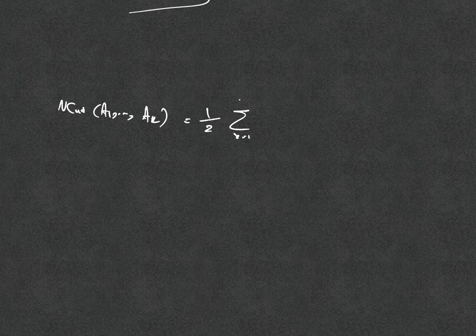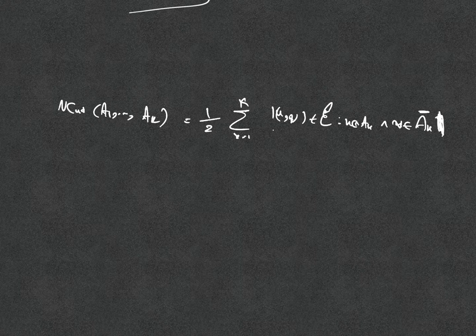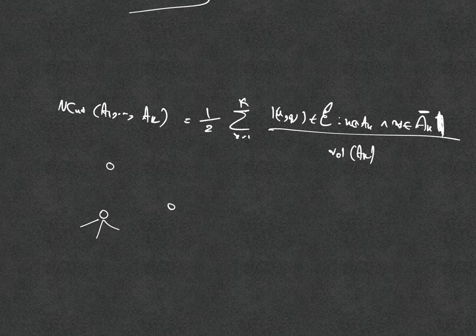Again, it's pretty similar to the original definition of a cut. On the numerator, you're going to have the same thing: U and V, set of edges, U in AK, and V belonging to the complement of AK, and this is again the cardinality of the set. But this time, you penalize it with the volume of AK. So this time you want to pick clusters that have nodes with higher degrees.